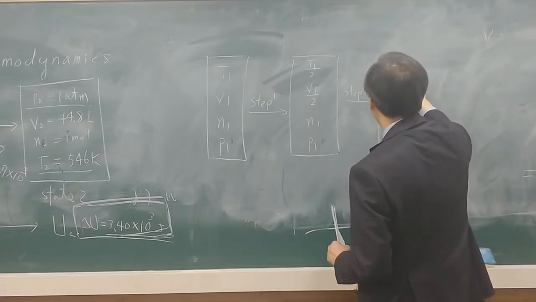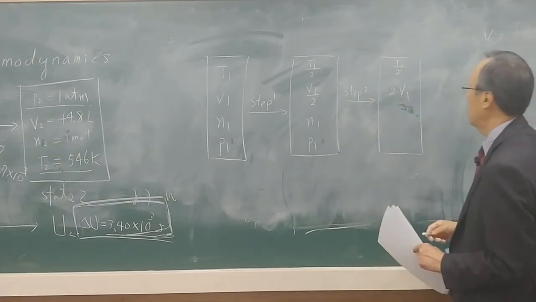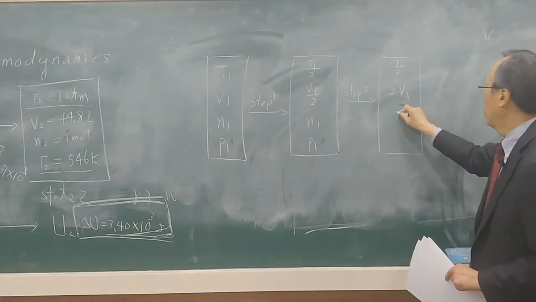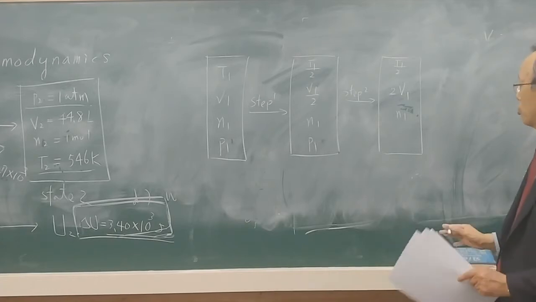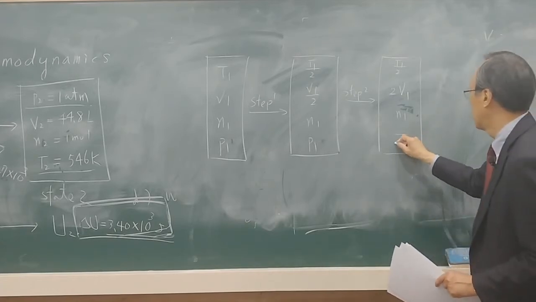Volume at step 2 is fourfold increased, expanded. N1 is the same. Pressure is fourfold decreased.